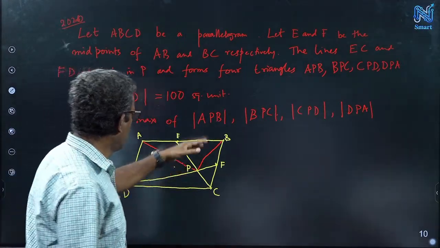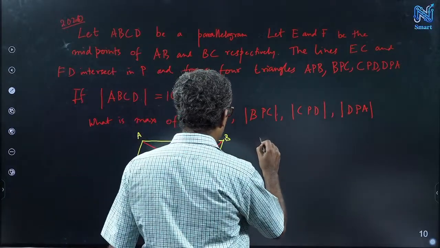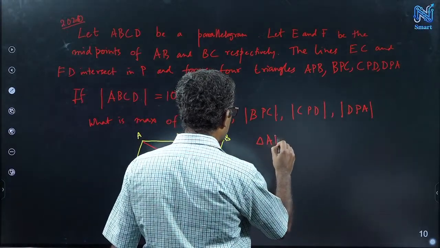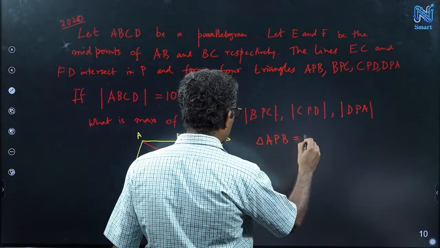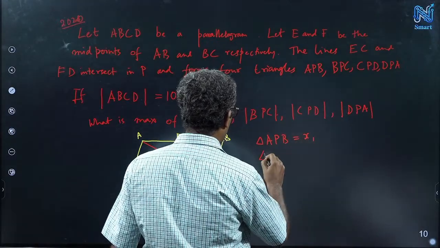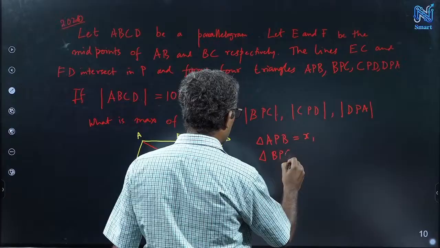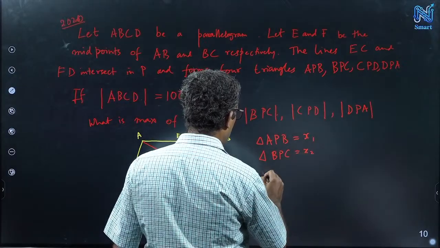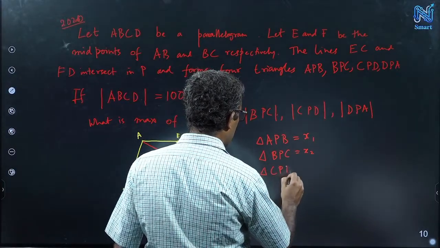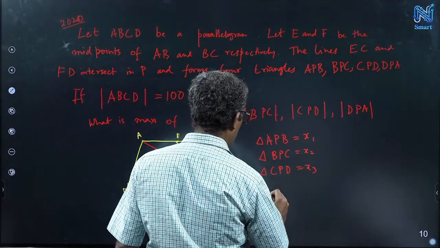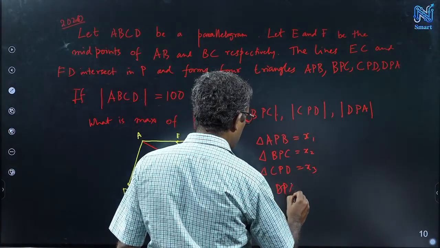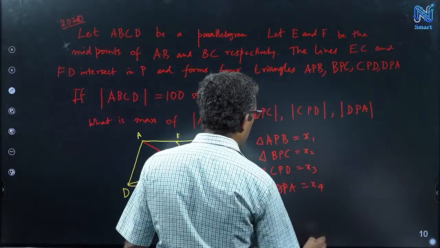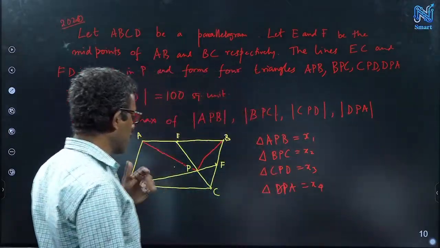Okay, we first take some numbers. Say the area of APB is x1, area of BPC is x2, area of CPD is x3, and area of DPA is x4. So you have to find the largest value of x1, x2, x3, x4.